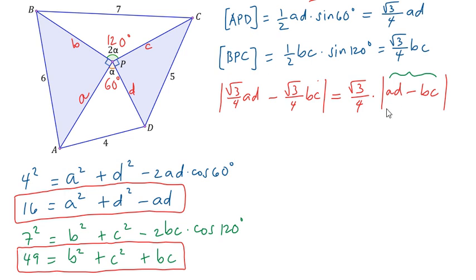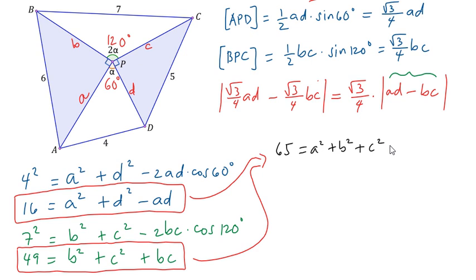Now, how can we come up with the expression AD minus BC using these two equations? Let's add the two equations. If we do this, we obtain 65 equals a squared plus b squared plus c squared plus d squared minus AD plus BC.